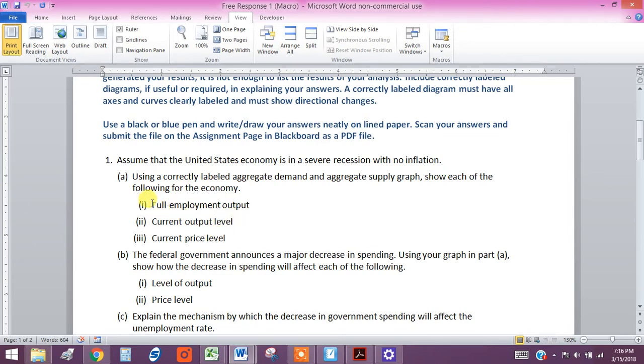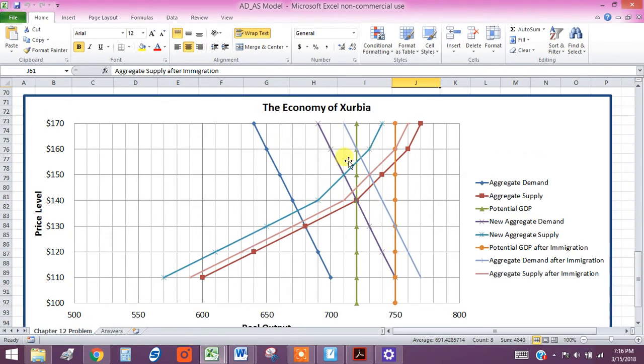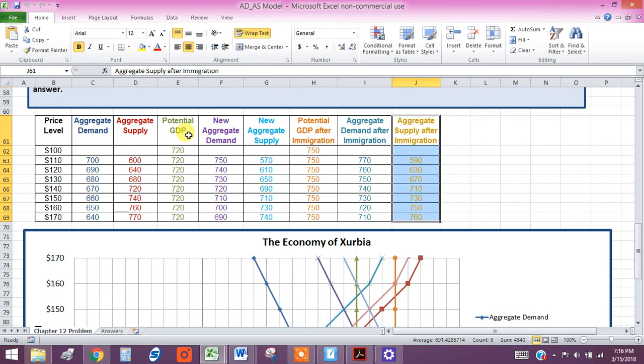So keep in mind, don't be confused by this terminology. This is the same thing as when we did our homework for chapter 12 in the book, Aggregate Demand, Aggregate Supply. The book called this potential GDP output. So when we go back to our homework, this curve right here is what the book called potential GDP.